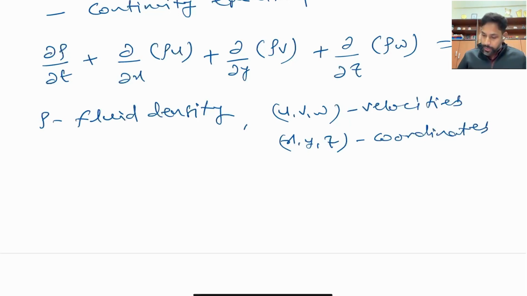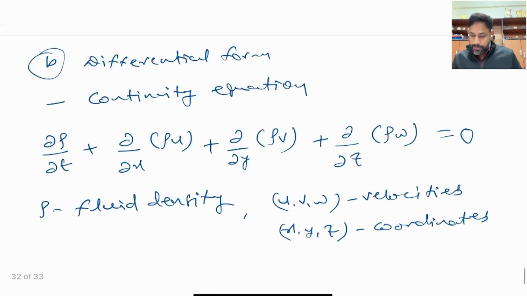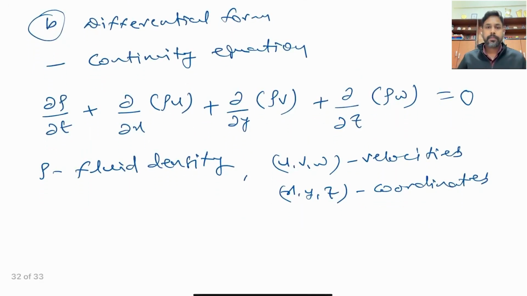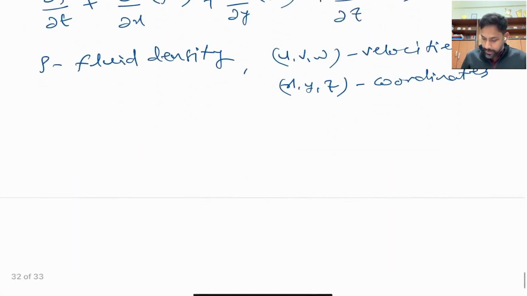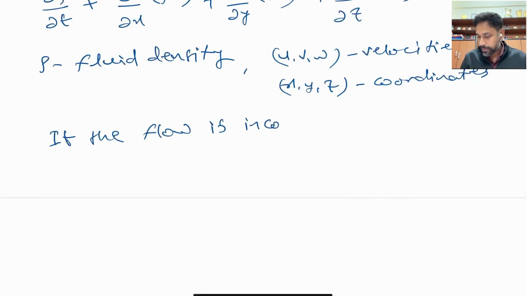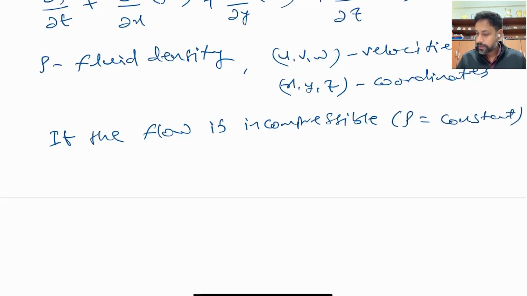So this is the mass conservation. Basically, all your velocities in all three directions are not independent of each other. They depend on each other because they have to conserve mass, right? And if the flow is incompressible, what does it mean? Rho is constant, right? Rho is not changing.